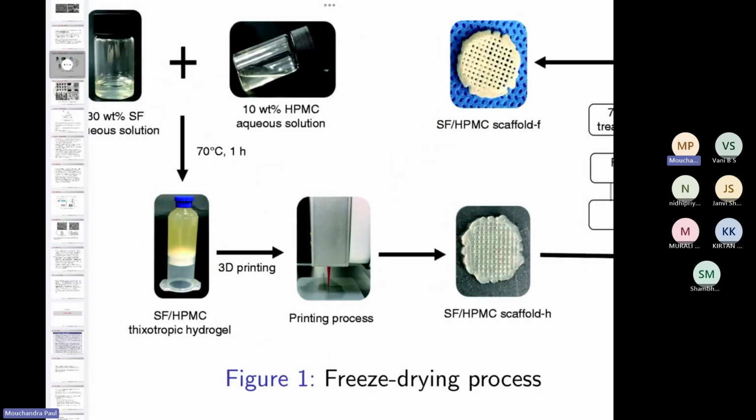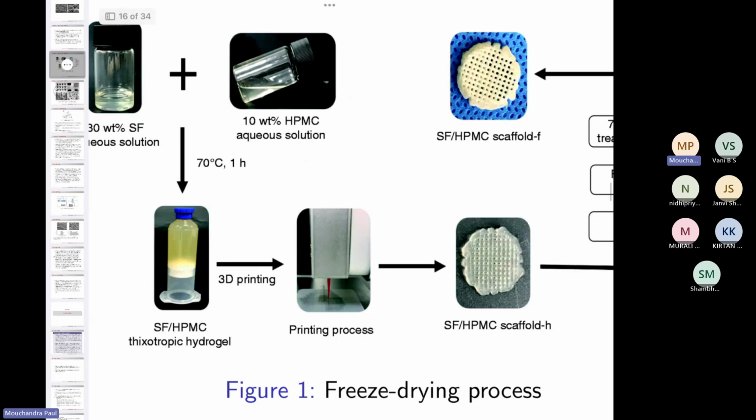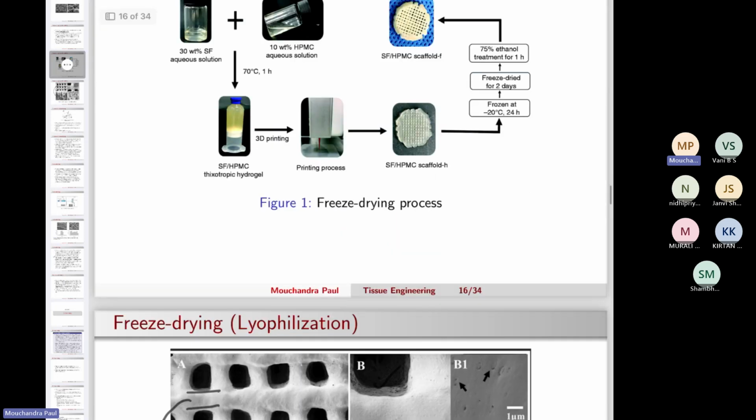The material is loaded into a 3D printer machine, and the tip is moving in XYZ direction, and it creates a 3D structure that looks something like this. On the top of it, later on people will add the cells and culture it further. So this is a top down approach.